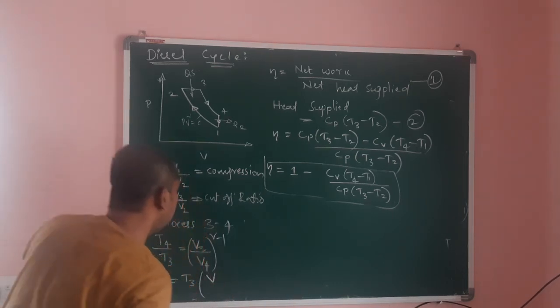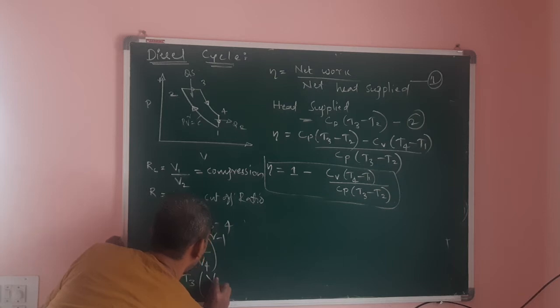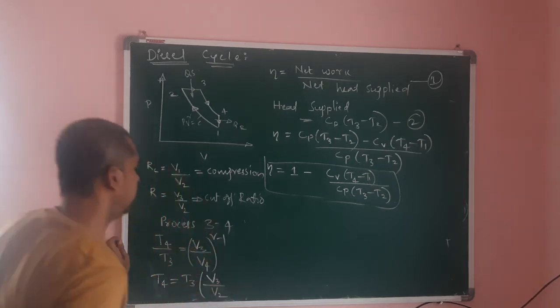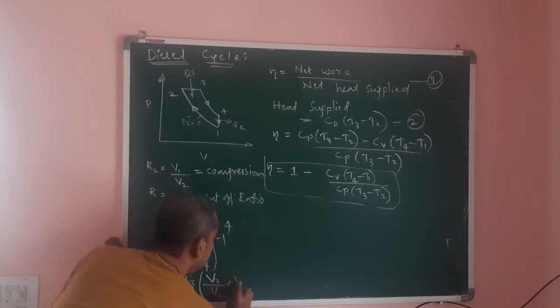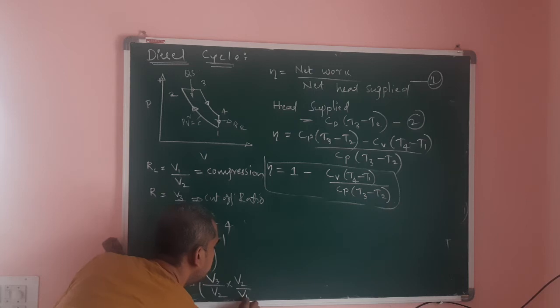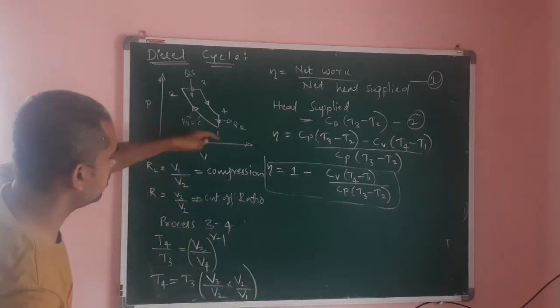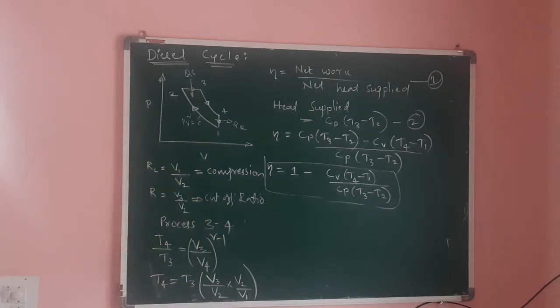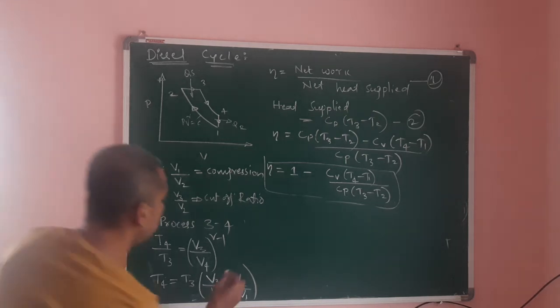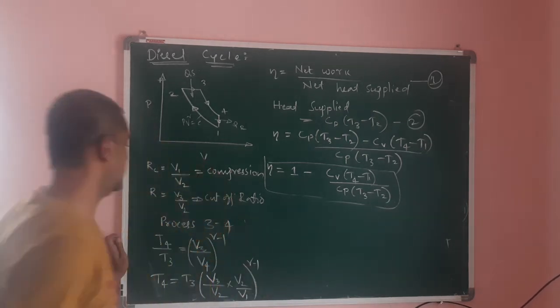What I will do? I will divide and multiply by P2. P3 divided by P2, I have divided by P2, therefore I will multiply by P2. Instead of writing P4, I will write P1, because 4 to 1 is a constant value process. P4 equal to P1, raised to gamma minus 1.